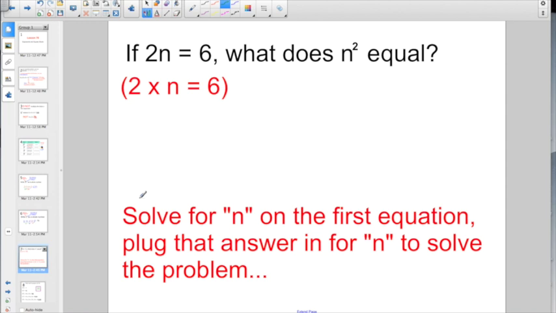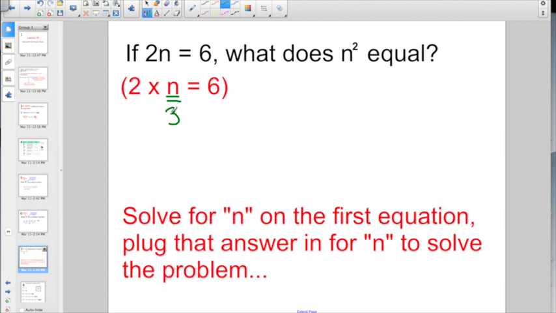So just like every other problem we have like this, remember, you gotta solve for n in the first equation. 2n really means 2 times what equals 6. So I'm going to solve for n. n is equal to 3. 2 times 3 equals 6, right?